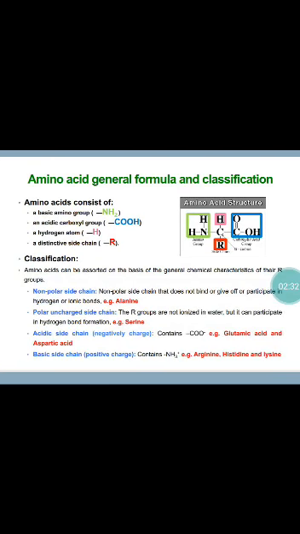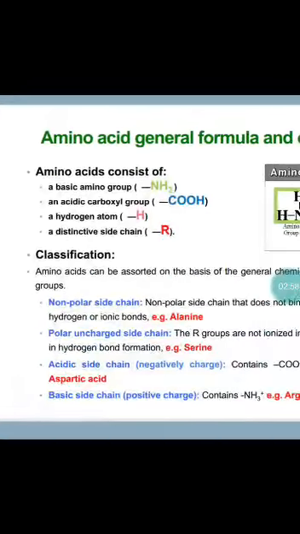Non-polar side chain: does not bind or give off or participate in hydrogen or ionic bonds, e.g. alanine. Polar unbranched side chain: the R groups are not ionized in water, but can participate in hydrogen bond formation, e.g. serine. Acidic side chain: negatively charged, contains COO minus, e.g. glutamic acid. Basic side chain: positive charge, contains NH3 plus. Examples are also here.